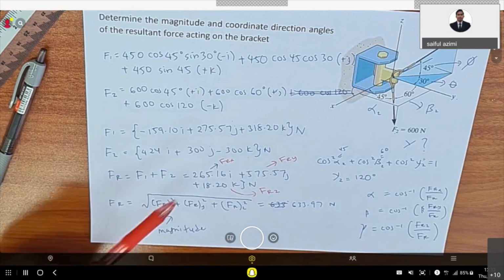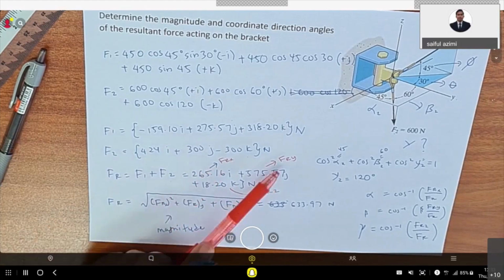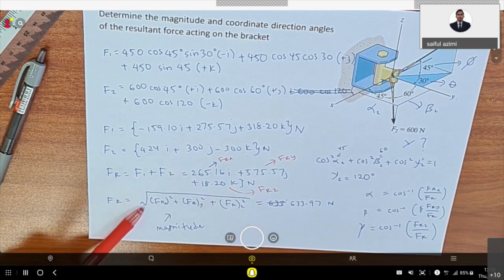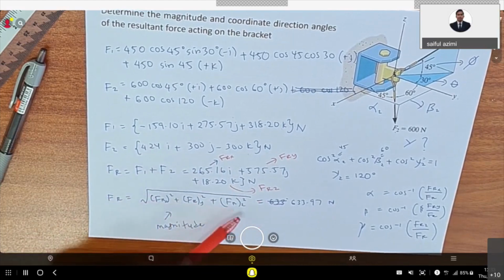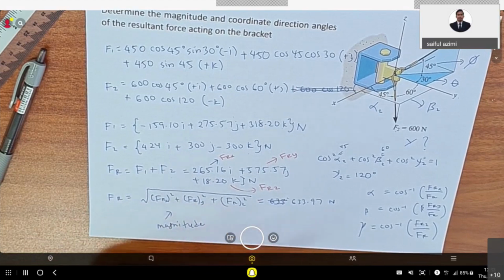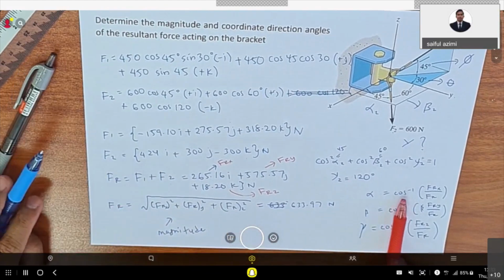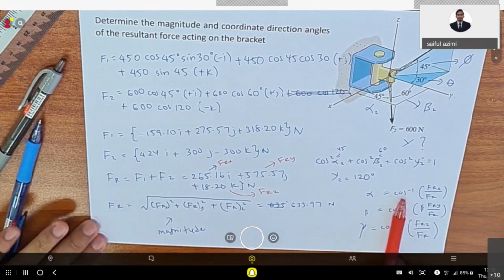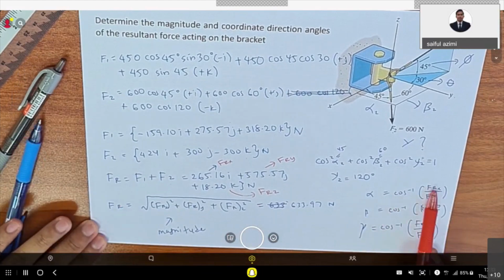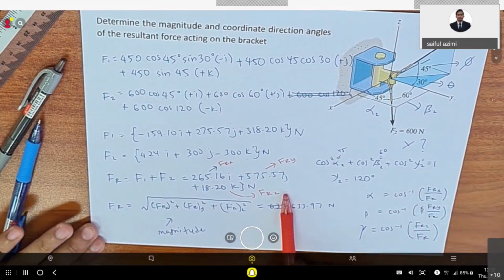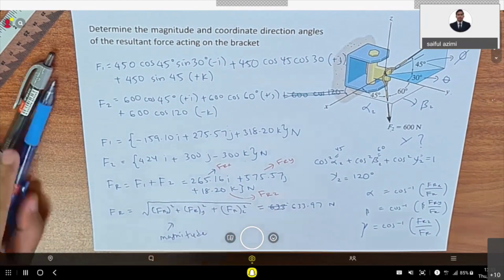And you will find the Frx, Fry, and Frz. To find the magnitude, you just use the square root of Frx squared plus Fry squared plus Frz squared. Then you can get the answer. And if you want to find the direction, you can just use the formula of cosine inverse of Frx over Fr, because all of these values you already get in the previous step of your calculation, right?